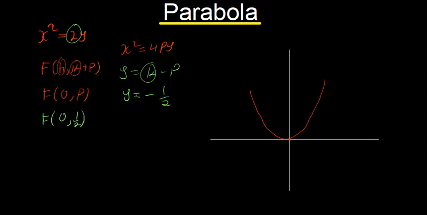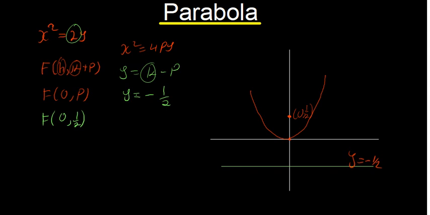At this point, I'm going to indicate 0 comma 1 over 2, which is my focus. Then here we have our directrix that I've put in green, which we can indicate as y is equal to negative 1 over 2, and that is the graph there.